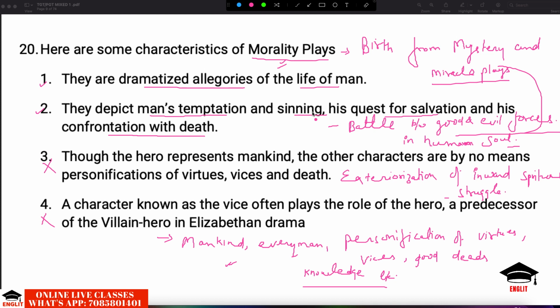Ultimately, the clock struck, and then Lucifer or Satan or the devil appeared, took his soul, and he died. So it is simply man's temptation and his sinning. Though he tries for salvation, it is of no use because it is too late by then, and he has to face death.